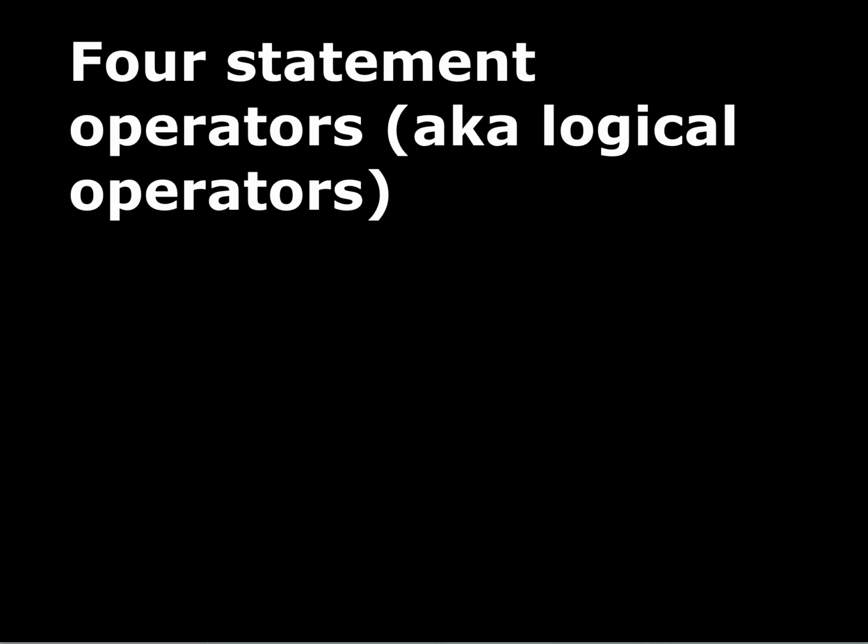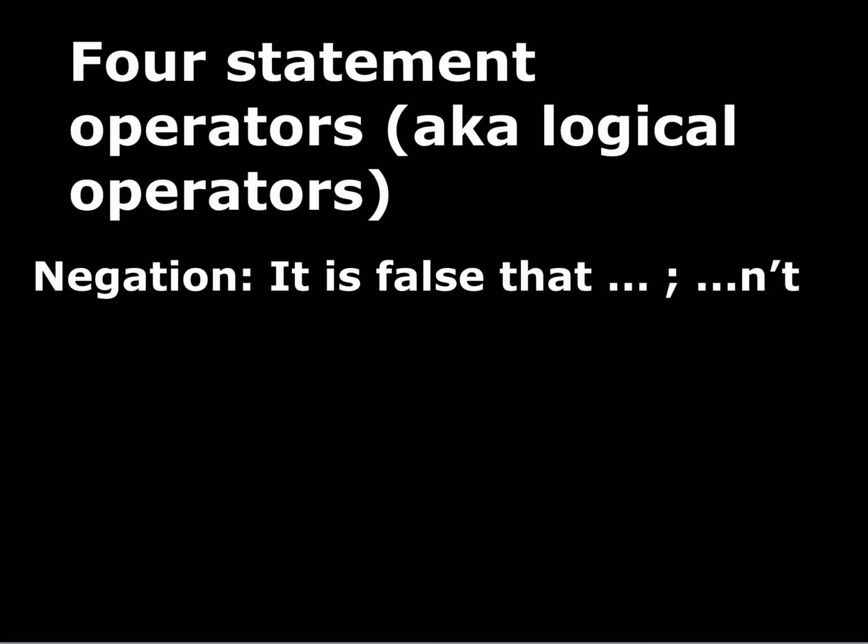Now altogether we'll be dealing with 4 statement operators in this course. There's a 5th one for anyone doing the optional material. And the 4 we're going to be looking at in the regular core material are negation, which is often expressed in English as "it is false that," or "not," or just n't.